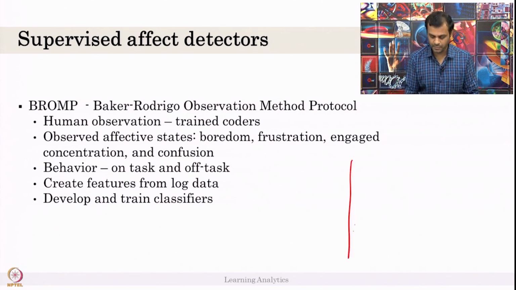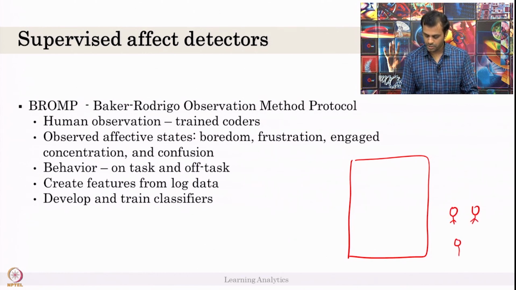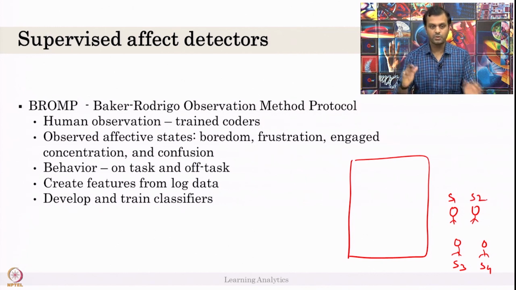What happens is, say you are observing 4 students in the class: student 1, student 2, student 3 and student 4, S1 to S4. You are the human observer. How do you observe?